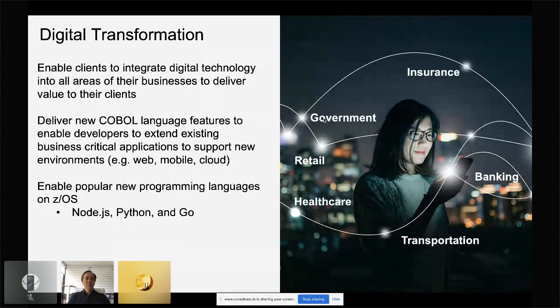So as you move into this digital transformation phase, you're not confined to write everything in COBOL, but we just want to make sure that whatever you do with the COBOL application, you have the facility to actually extend it, right? To put in new features so that you can actually achieve your digital transformation goals.